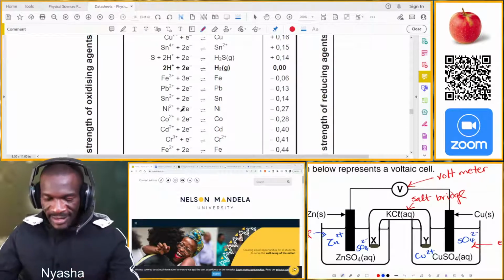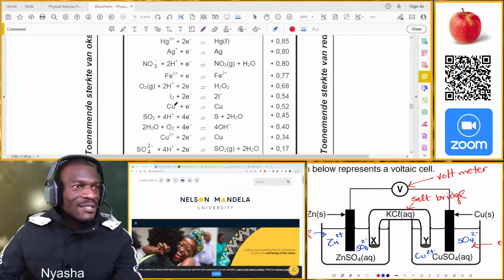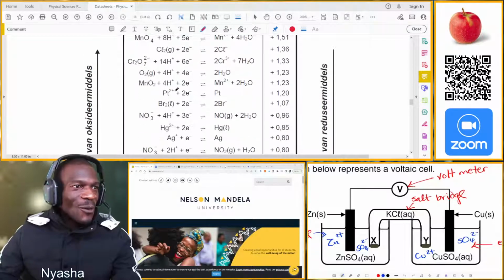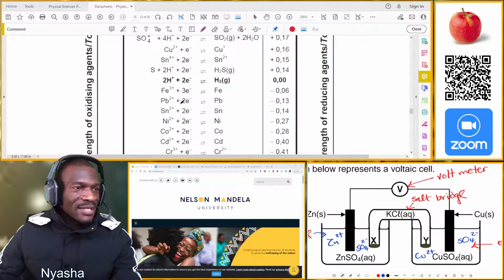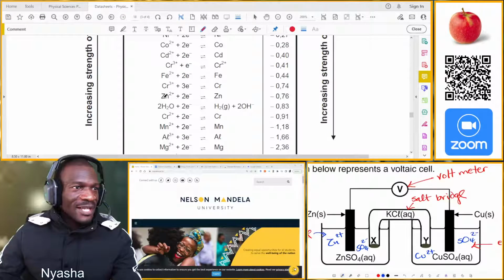In this case, we have zinc in a solution of its ions. So let's see our zinc in a solution of its ions. What is likely to take place with zinc? This is the position of our zinc in the electrochemical series.